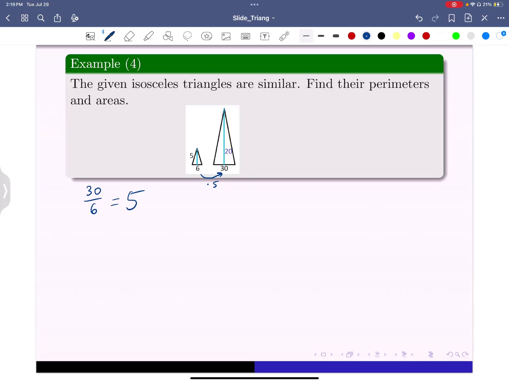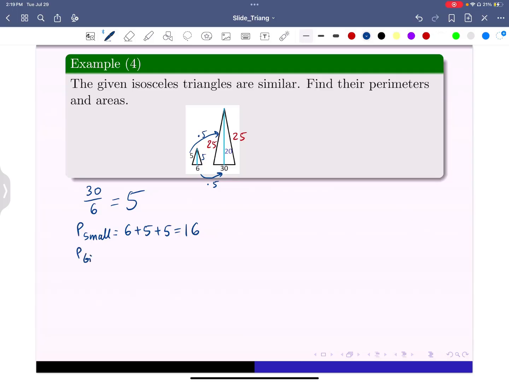So now this side, we need to also multiply times 5. 5 times 5 gives me 25. And this is an isosceles triangle, so this is 25 as well, and the small side would be 5. So the small perimeter would be 6 plus 5 plus 5. That gives me 16.